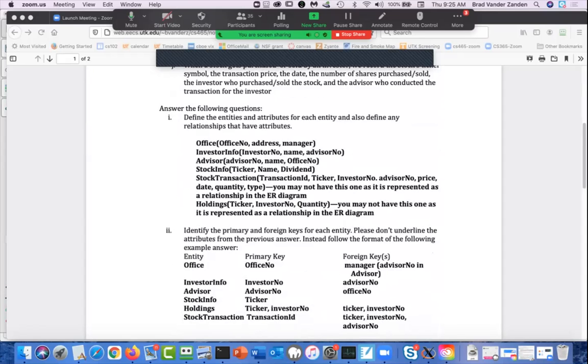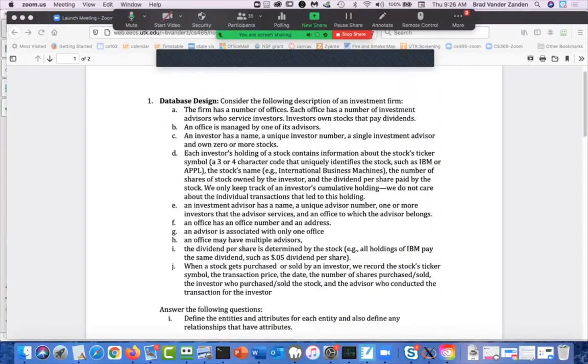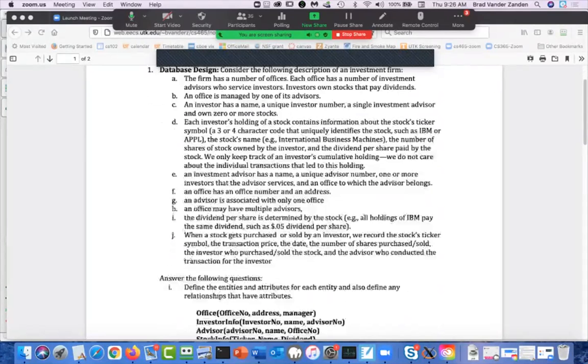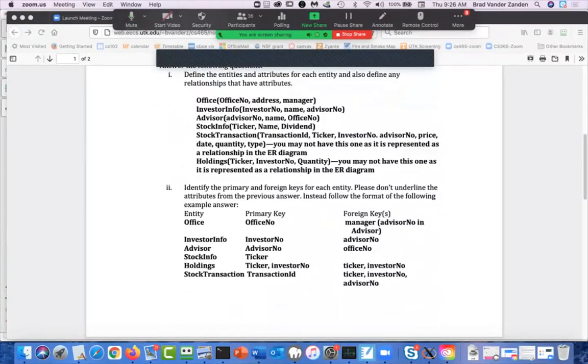An investor, we learned, has a name, a unique investor number, a single investment advisor. So here, investor number, name, investment advisor. We know that they own one or more stocks, but that is going to be taken care of in holdings. So that's going to be a separate relationship between the investor and the stock.